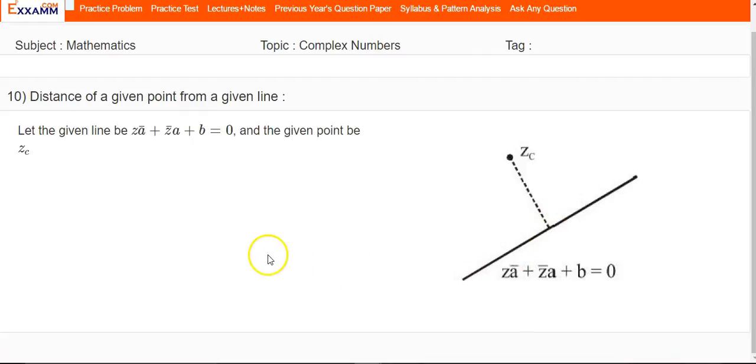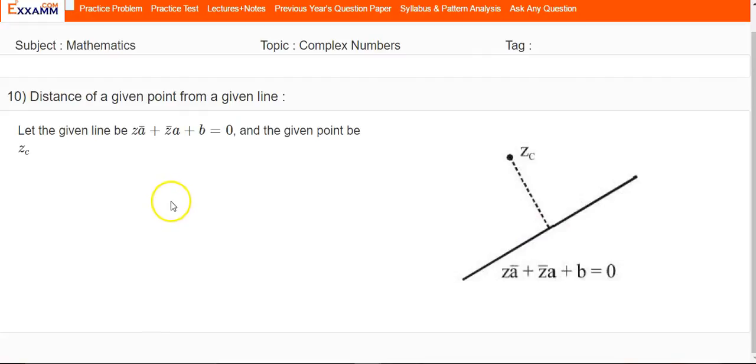Now in coordinate geometry, if we had to find the distance of point x1 y1 with respect to the line ax plus by plus c is equal to 0, then the perpendicular distance between them was ax1 plus by1 plus c divided by root of a square plus b square, and the quantity on top was taken as a modulus, because the distance is always going to be positive.